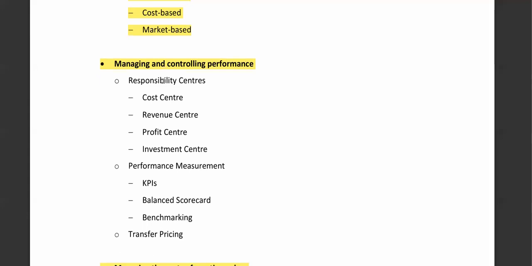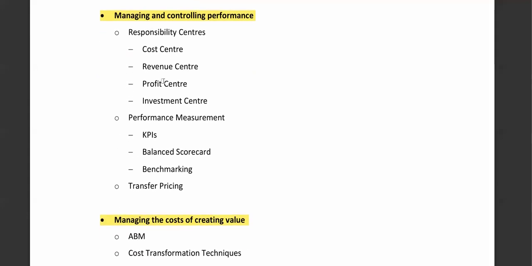As we move on to the next syllabus component, we find responsibility centers to start with. This is a topic we've covered in our mock 1 itself. There are four types of responsibility centers, and you have to be aware of when these classifications would be relevant within a group or a divisionalized structure, which is what Ressett is also about.